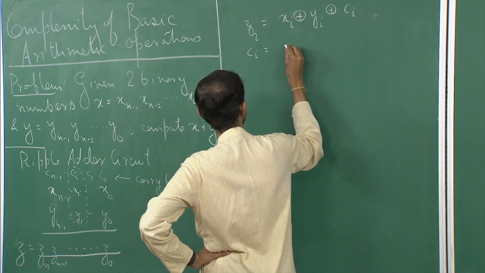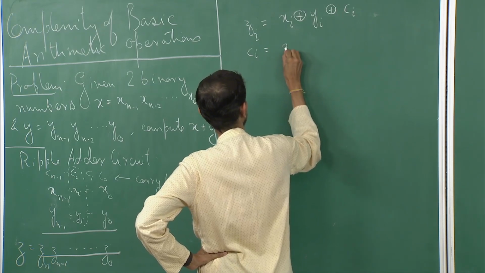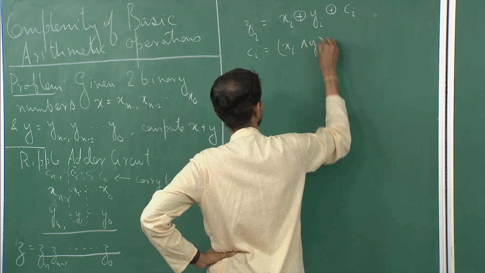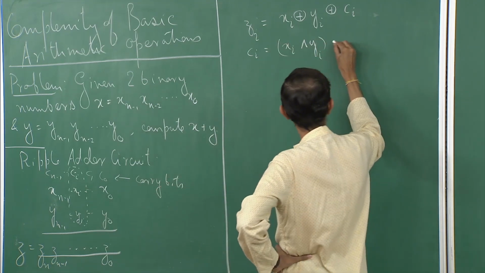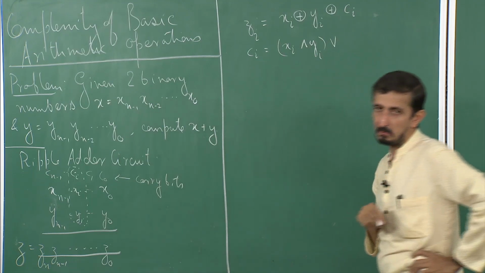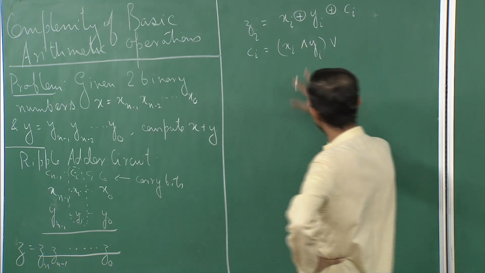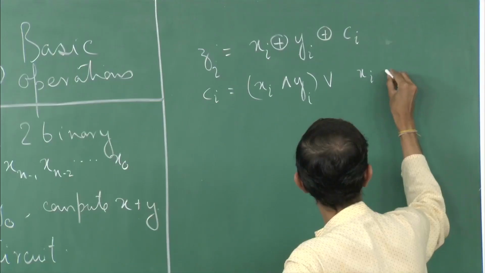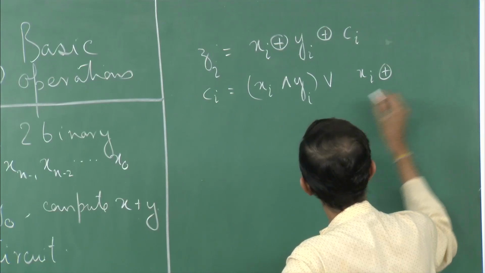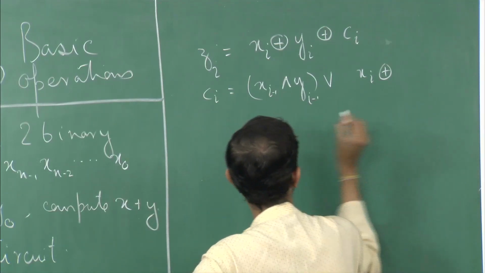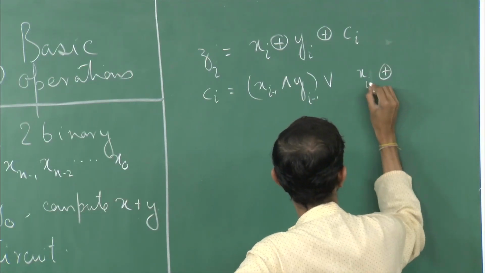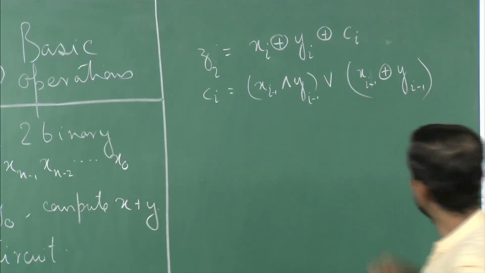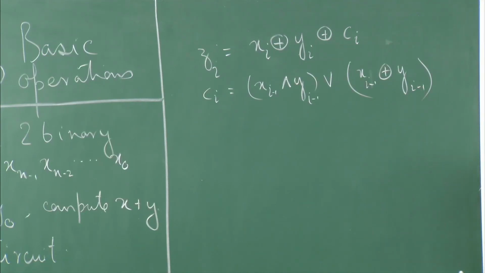If both x and y are 1, so x_{i-1} and y_{i-1}, if both of them are 1, then I will get a 1 for the carry bit. Or, if one of them is a 1, that is x_{i-1} parity y_{i-1}, then what should happen?